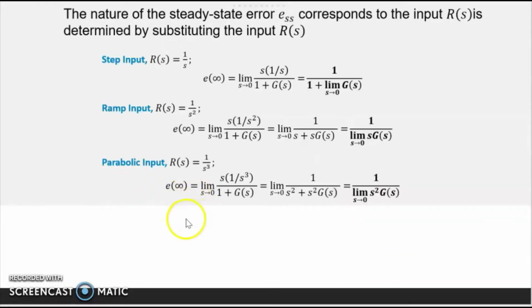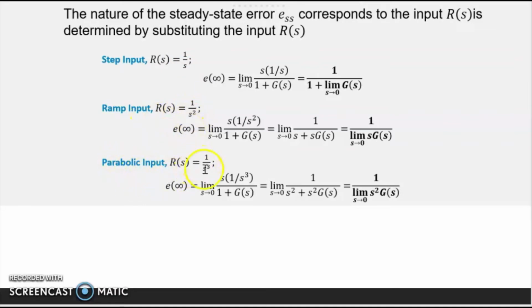The nature of the steady state error corresponding to the input R(s) is determined by substituting the input. Let's say your input is a step input: R(s) is equal to 1 over s. A ramp input is 1 over s squared.